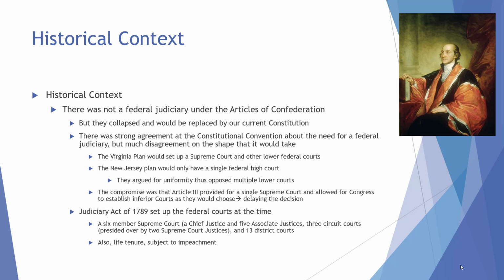The thought was that state courts would have a lot of power within their own states, and then you could appeal maybe to the U.S. Supreme Court. The fact that you had a Supreme Court would provide enough uniformity around the country. So if you lost at a lower court, you could appeal to the Supreme Court.